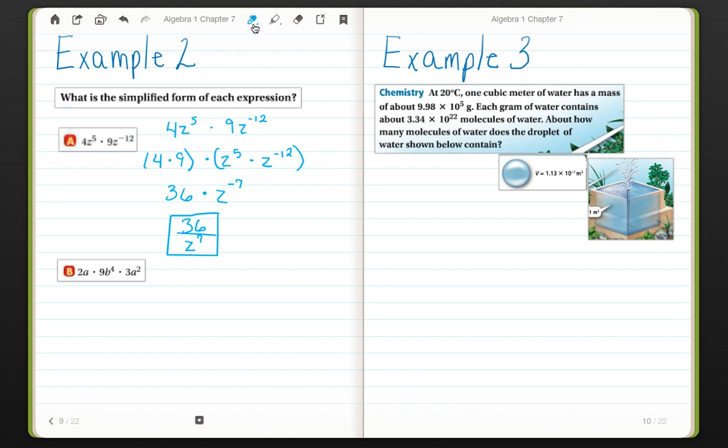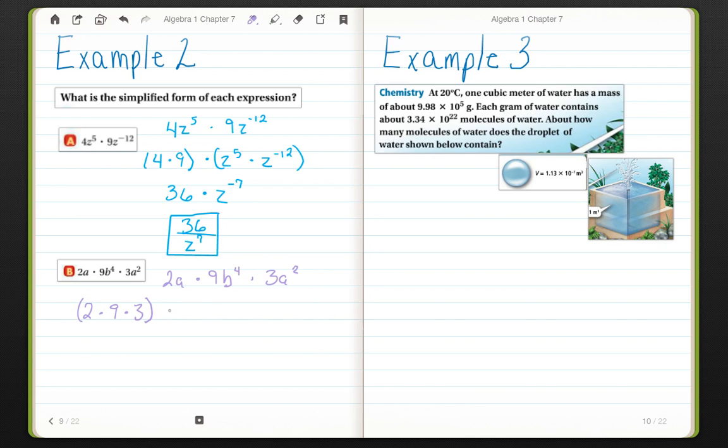Okay, let's take a look at part B. So we have 2a times 9b to the fourth times 3a squared. So the first thing I'm going to do is take all of my coefficients, so 2 times 9 times 3.